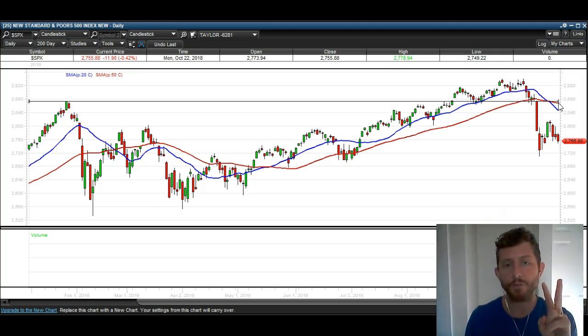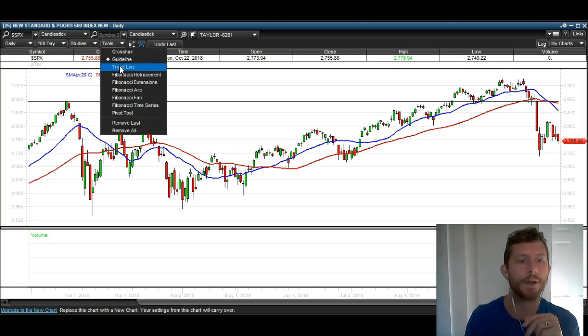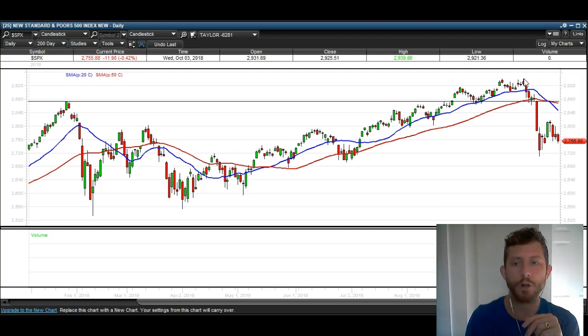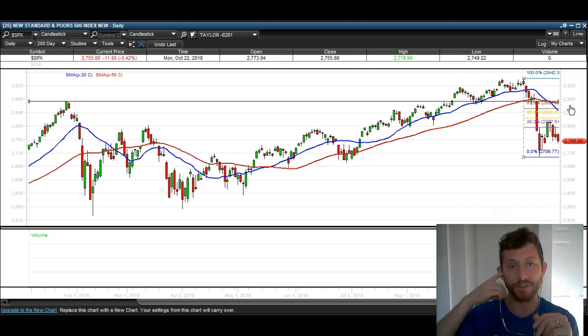So that's two things. We've got the resistance level and the 50-day moving average. And now we have the Fibonacci retracement level. If you draw it from the high here to the low here, you can see we've got the 61.8 Fibonacci retracement level lining up perfectly right on the dot on that resistance level, as well as the 50-day moving average.